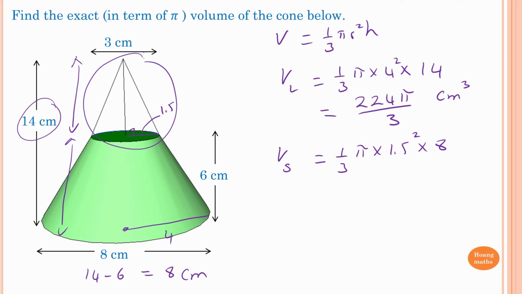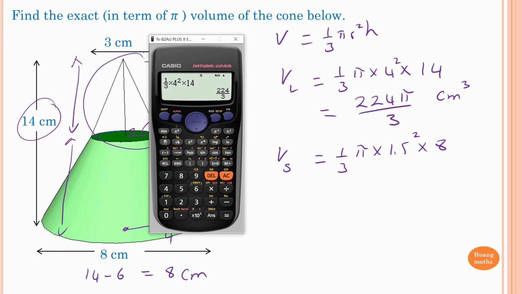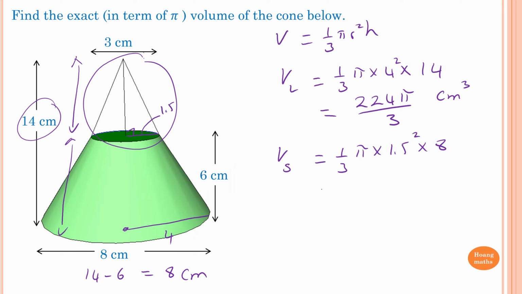So I just put it in a calculator. I go 1 over 3 times 1.5 squared times 8, which equals 6. So that is 6 pi.